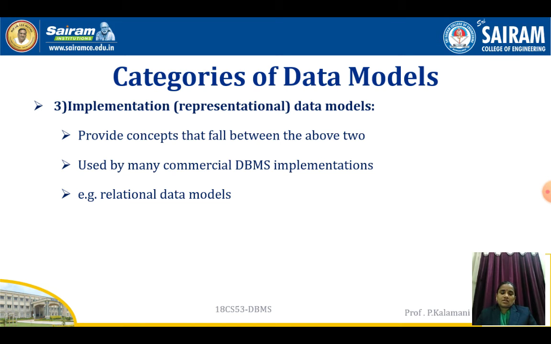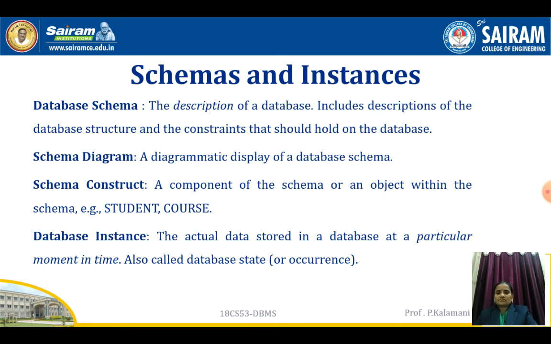This is used in many commercial database management system applications. An example for that model is the relational data model. One of the relational database management systems is Oracle. Now these are the three different data models you know: high level, low level, and implementational data model.